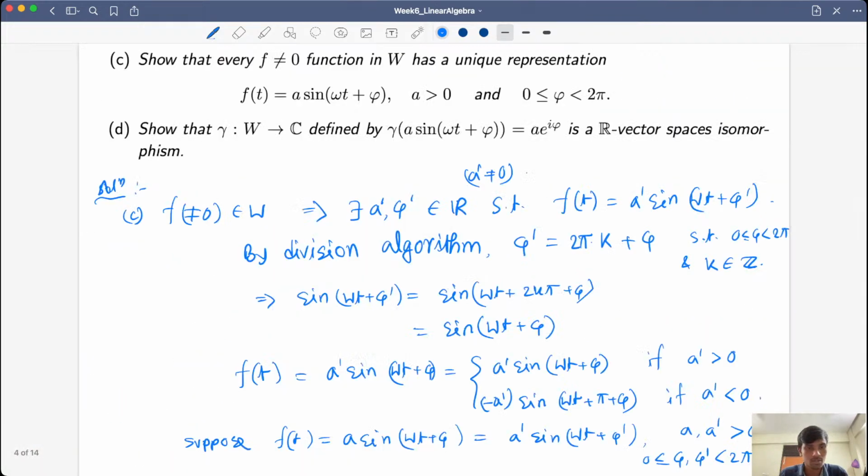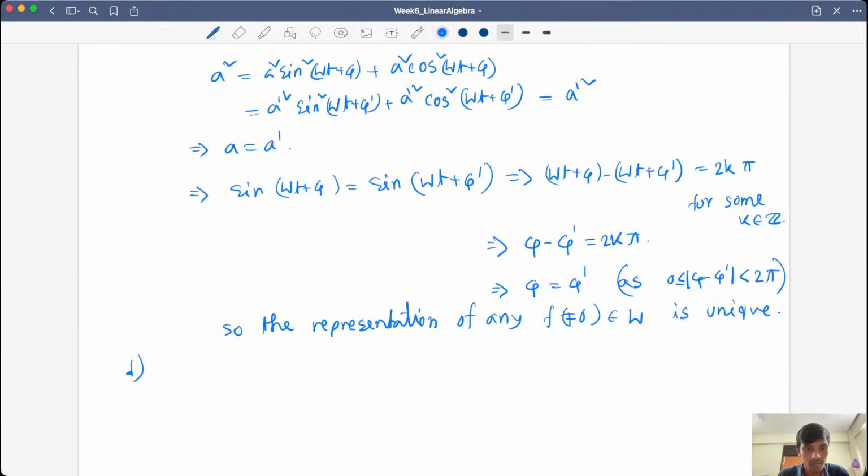So we have this gamma from W to C. It takes a sine omega t plus phi.